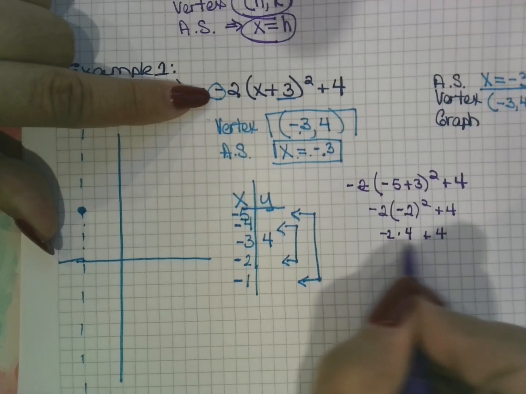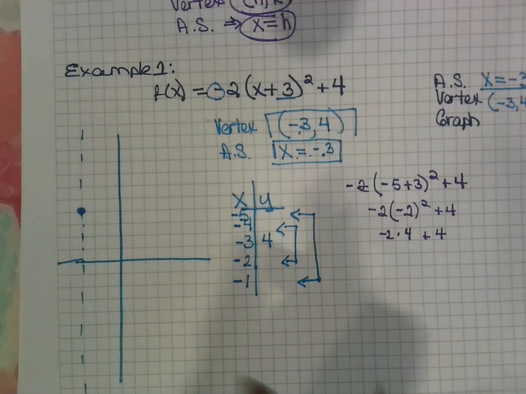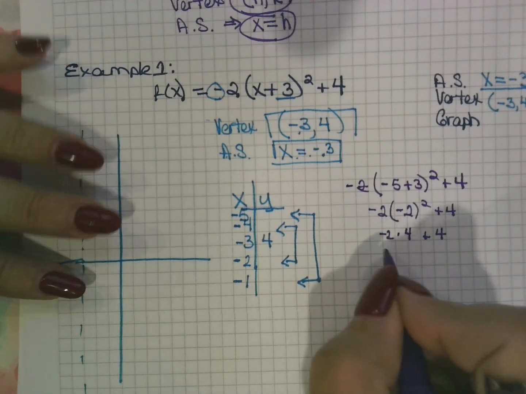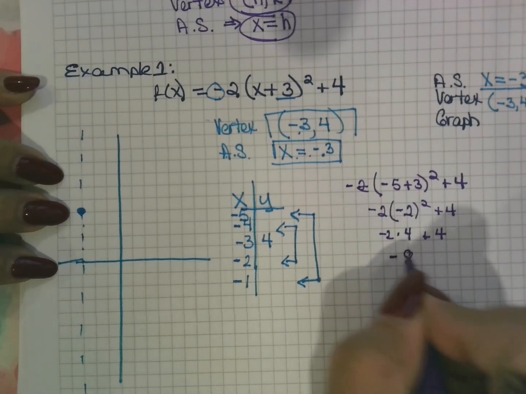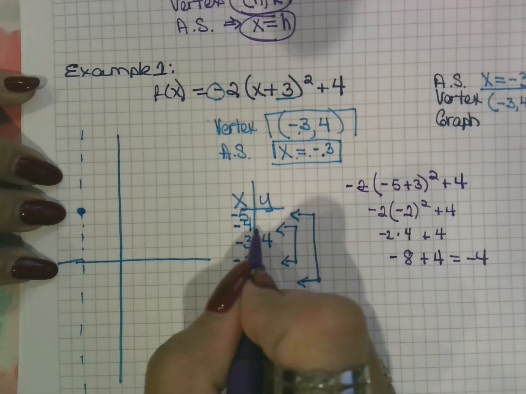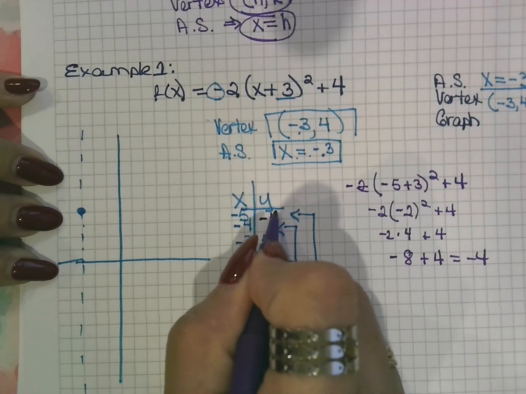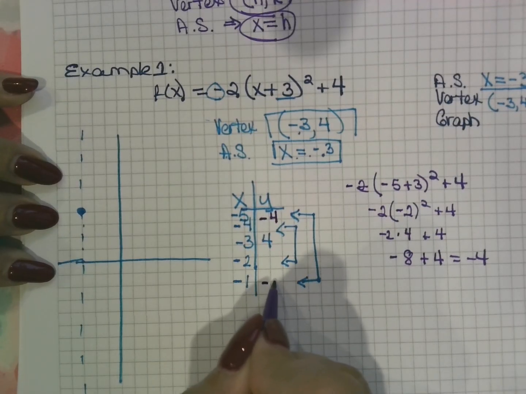And then order of operations says multiplication and division. So we're going to do that. -2 times 4, that's -8, plus 4, that's going to be -4. So at -5 we have -4, and at -1 we have -4.